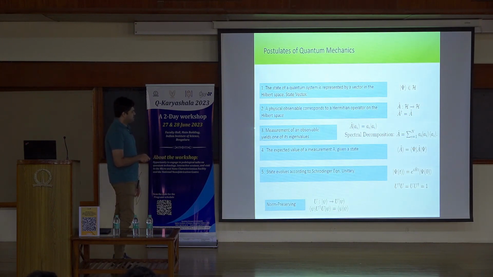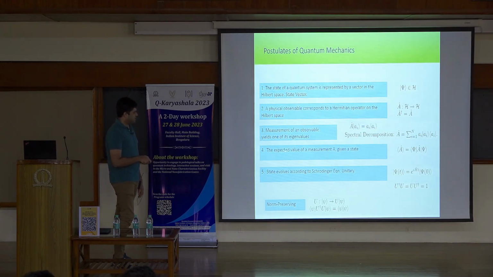So this third postulate, this is the measurement. Measurement of an observable A yields one of its eigenvalues. So you'll always get one of those eigenvalues. And you can always do a spectral decomposition of this, where the a_i are a set of orthonormal bases, right? So that's a very old result from linear algebra.